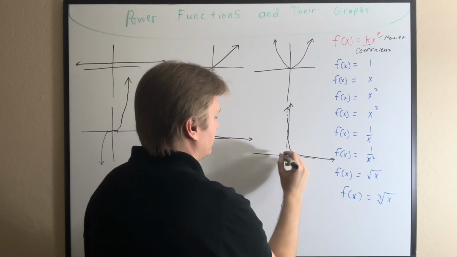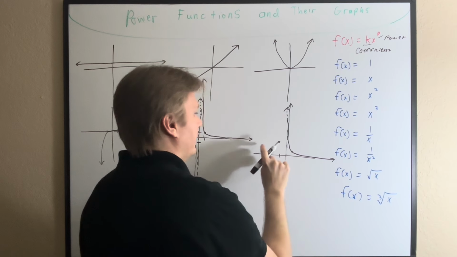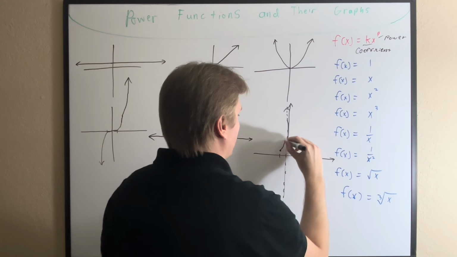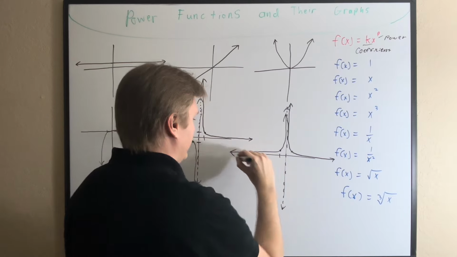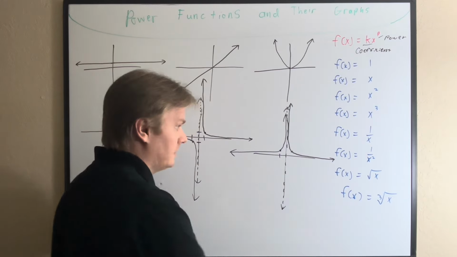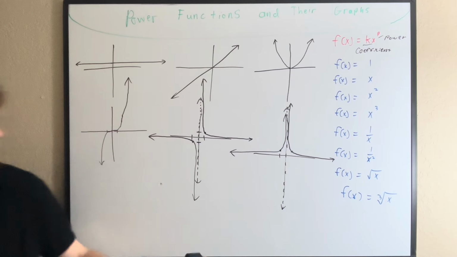But we don't really go into the negative quadrant. We go into the negative-positive quadrant instead. Why is that? Because you put in a negative down here and it gets squared, it becomes positive. And that's how that works.